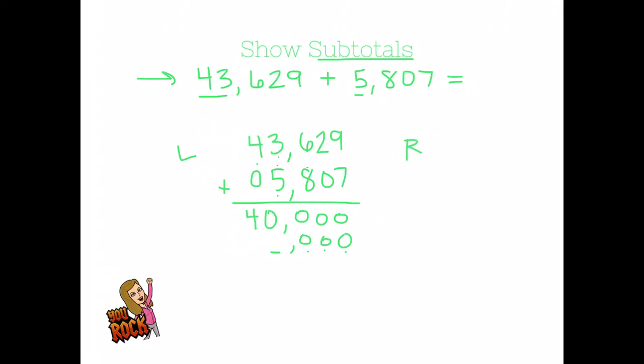So then 3 plus 5 gives me 8,000. Now I'm working in the hundreds place with my 600 and 800 here, so I'm going to get zeros in the ones and tens place. 6 plus 8 is 14, so I'm going to carry into the thousands there, so that ends up being 1,400.